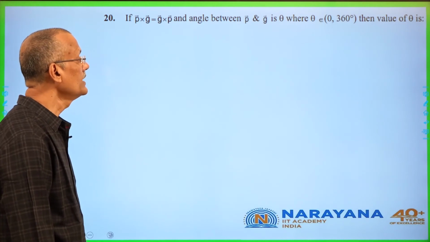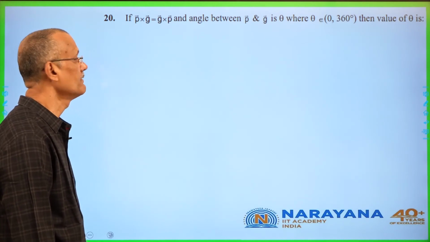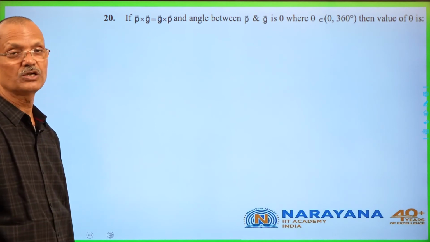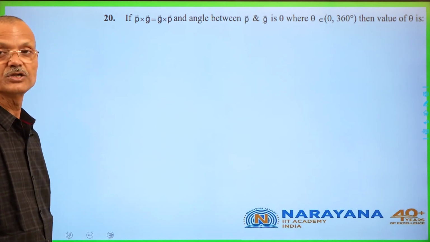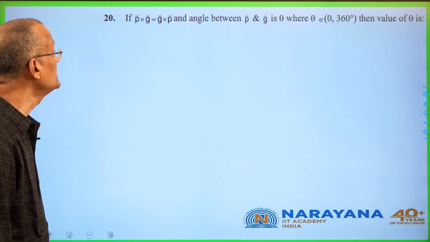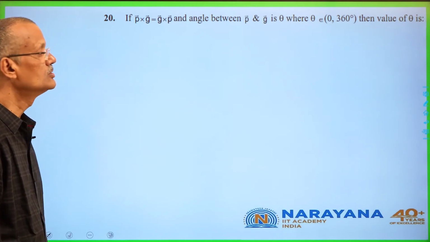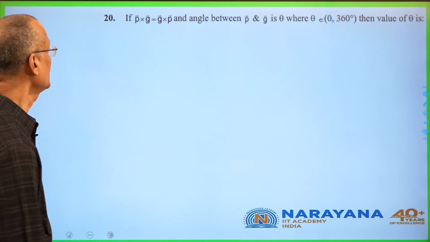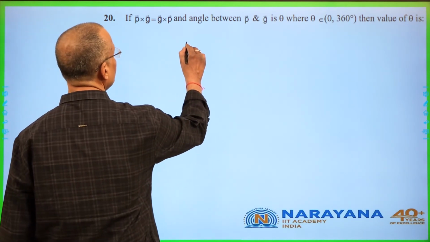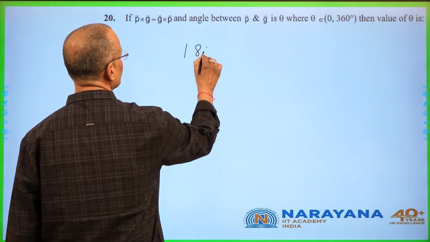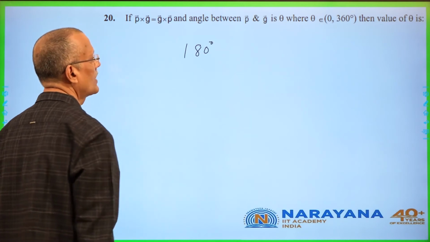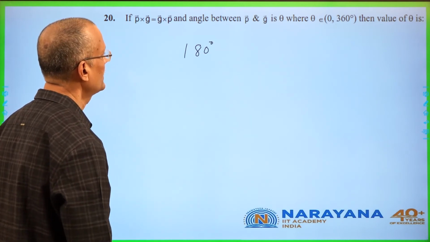So only two possibilities you have, either P should be 0 or Q should be 0, or angle between these two should be 0 or 180 degree.